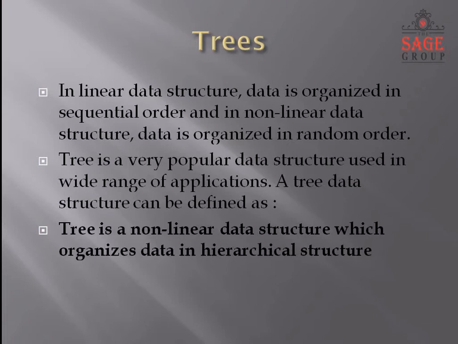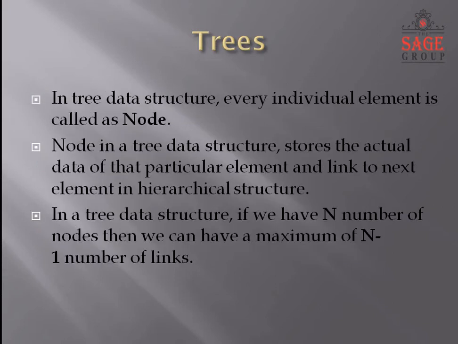There is a relationship between the elements. In the case of trees, which is a very common example of a non-linear data structure, the relationship that we depict amongst its elements is a hierarchical relationship. So a non-linear data structure organizes the data in a hierarchical structure.